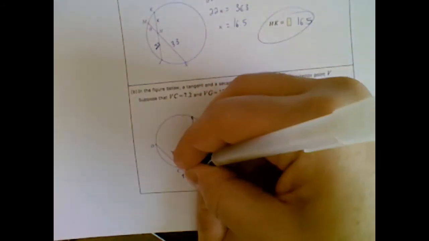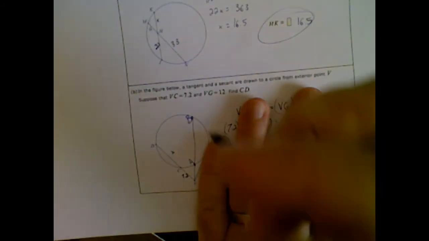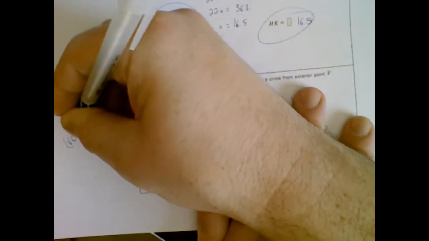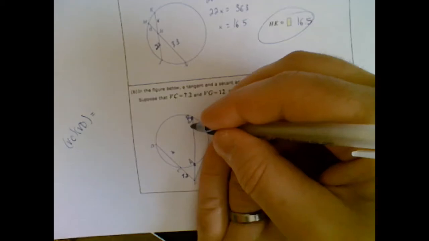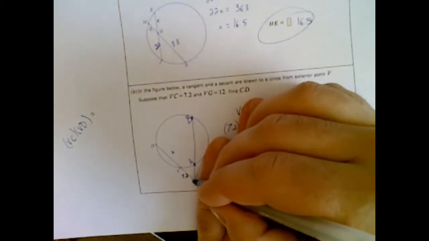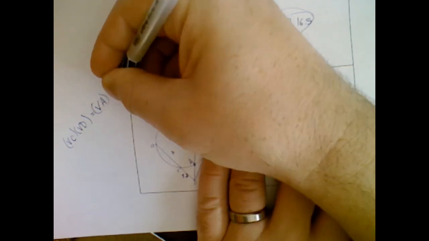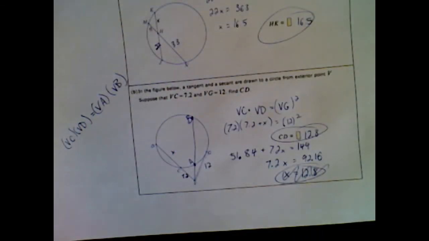So if we put some letters in here, call that A and that B, then it would be VC times VD, just like the first part. That didn't change. But instead of having equal to something squared, because that's just for tangents, it's VA, the outside part, times VB there. So that's how it works.